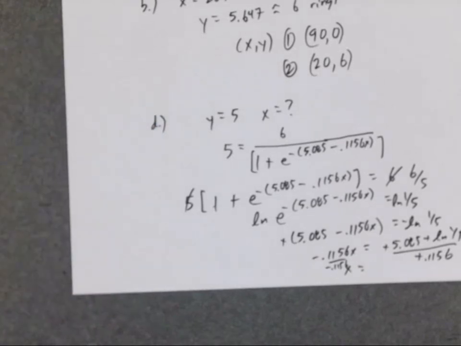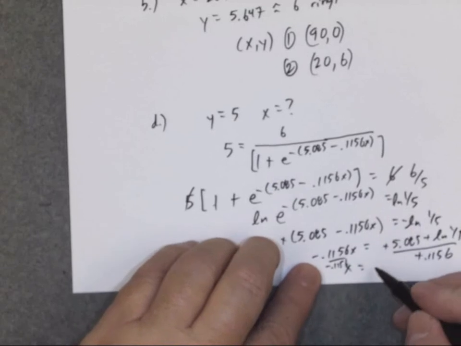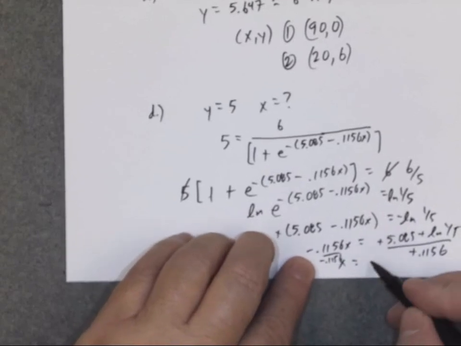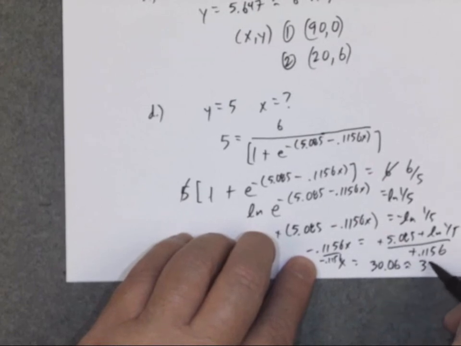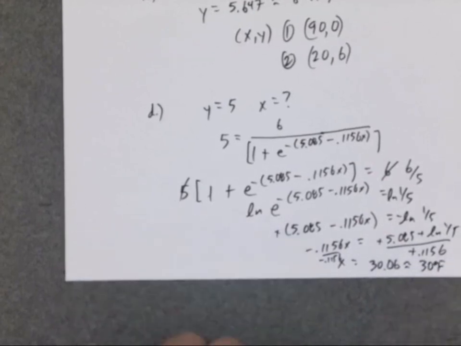And it says round to the nearest degree. I got 30.06. So basically 30 degrees Fahrenheit, which is the correct answer.